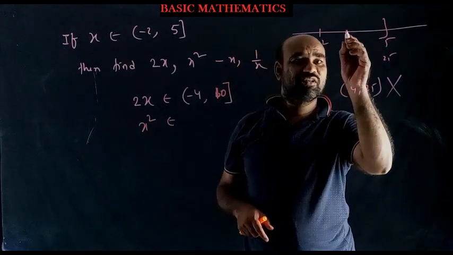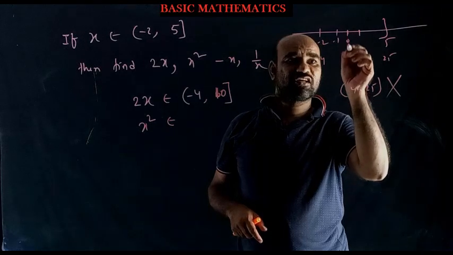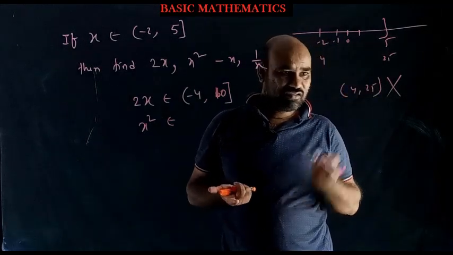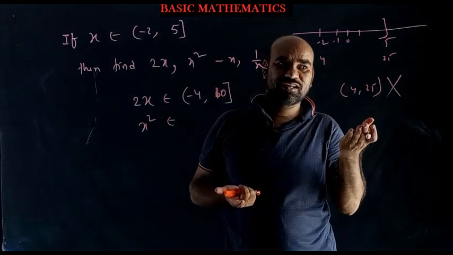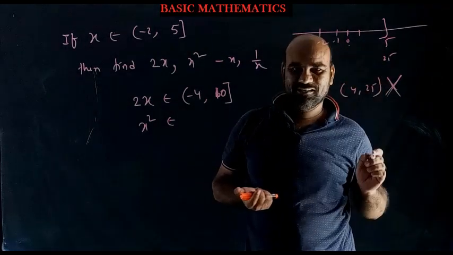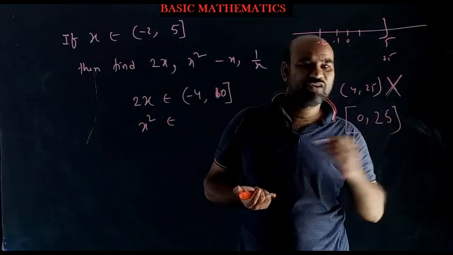Because the middle 0 will be there, no? -1, after -1, 0, 1. 0 square, 0 will be. 0 after 1, 1 square 1. 0 not there, 1 not there, 0.1 not there, 0.2 not there. That's why this is wrong. So what is the correct answer? 0 to closed 25.